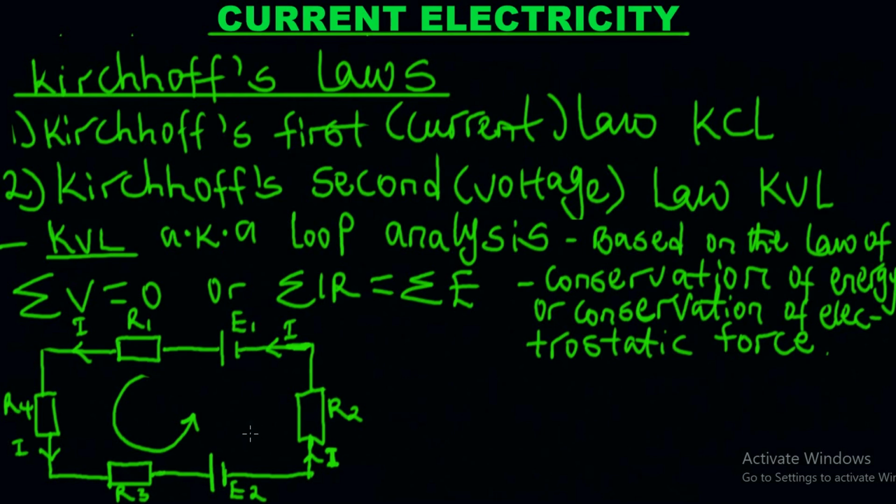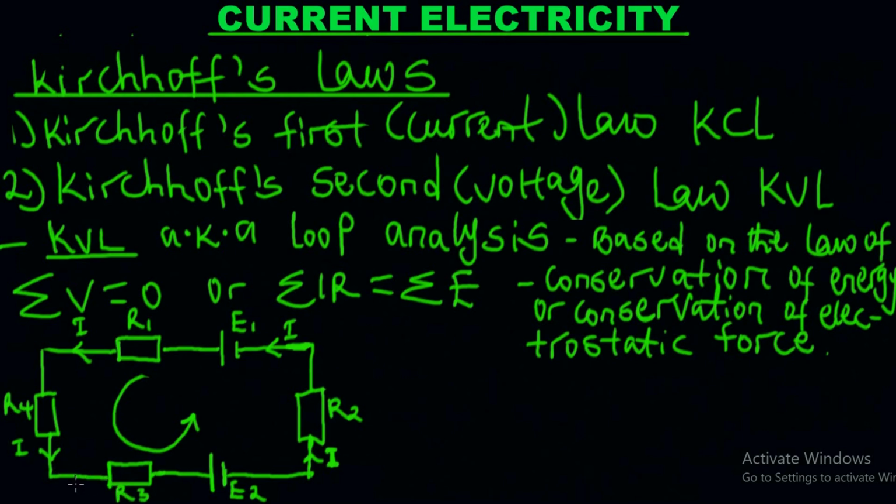Another point you need to know is that the voltage drop across these resistors is negative if the direction travels through the resistor in the same direction as the current, and it is positive if the direction travels in the opposite direction to the current. This is what we mean. This current is flowing this way, so we said it is negative if the direction travels through the resistor in the same direction.